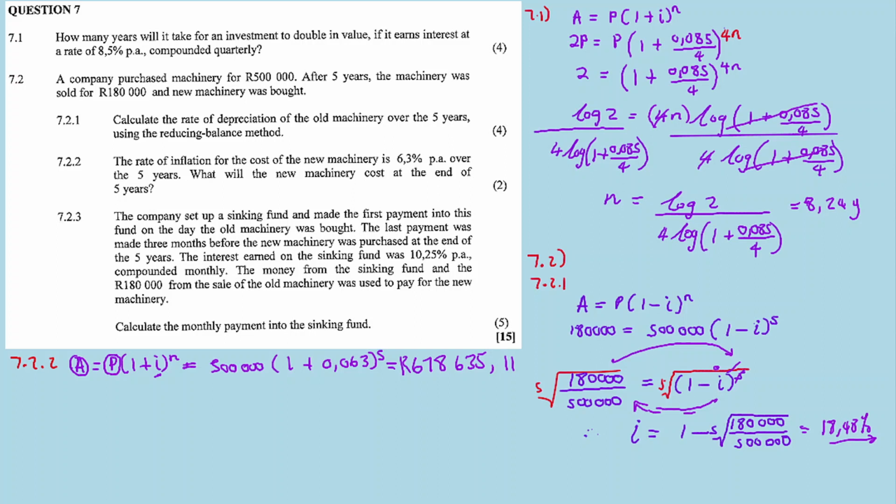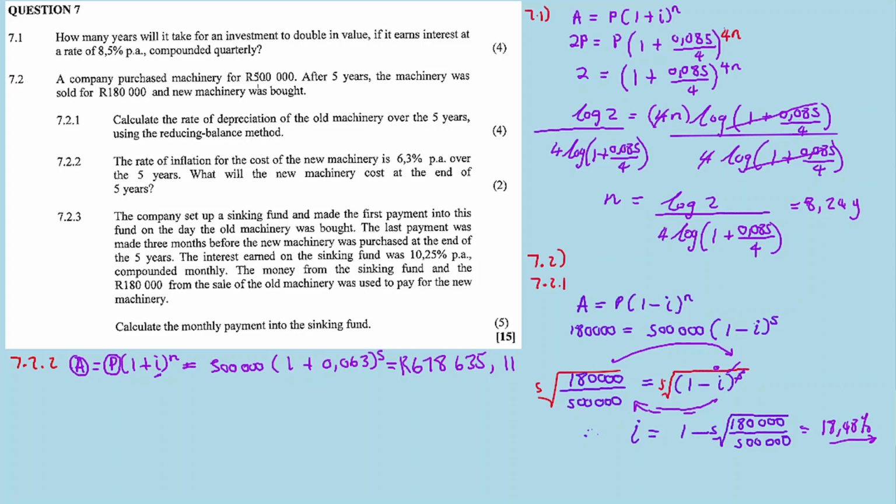Very good. Okay, now we go to 7.2.3, the last question. The company sets up a sinking fund and made the first payment into this fund on the day the old machine was bought. So I think on the same day they bought this machine, which loses value, right?